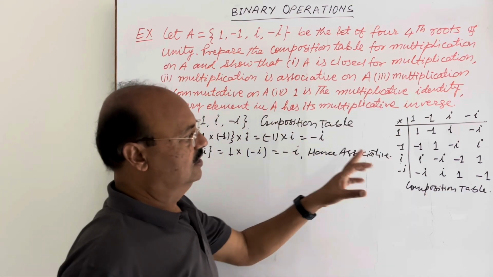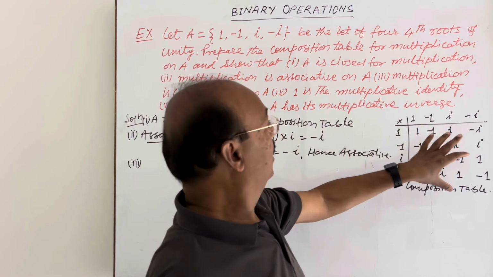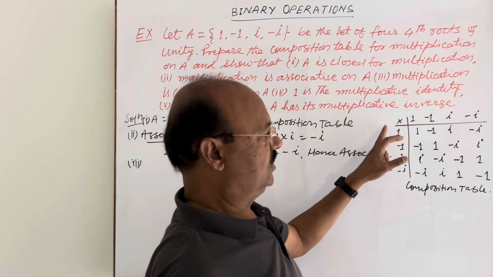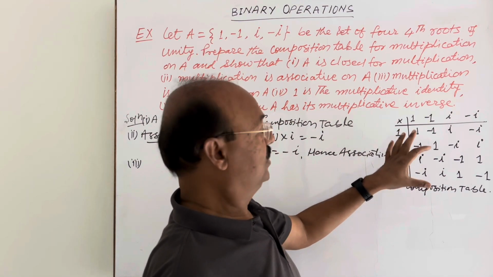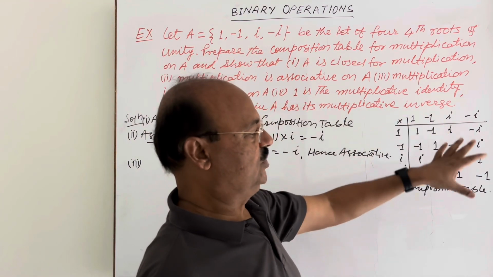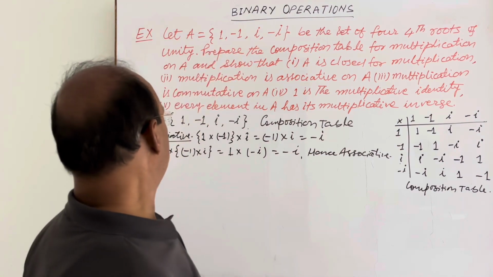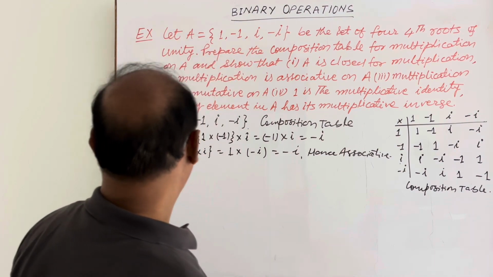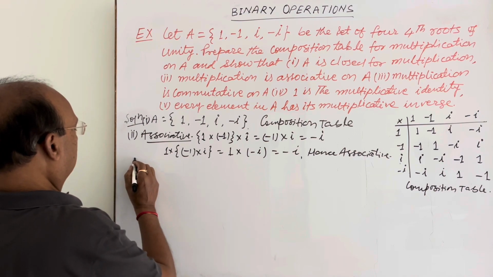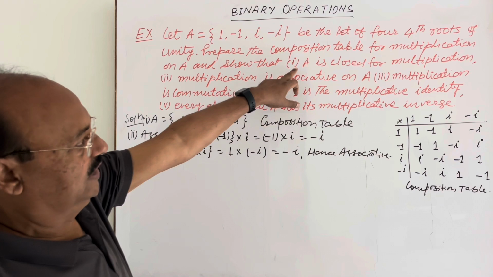Since all elements inside this table are from set A, this operation multiplication is closed in this set. Okay, since in this composition table all elements are coming from this set A. So before coming to this point 3, we have to write the statement for part 1.